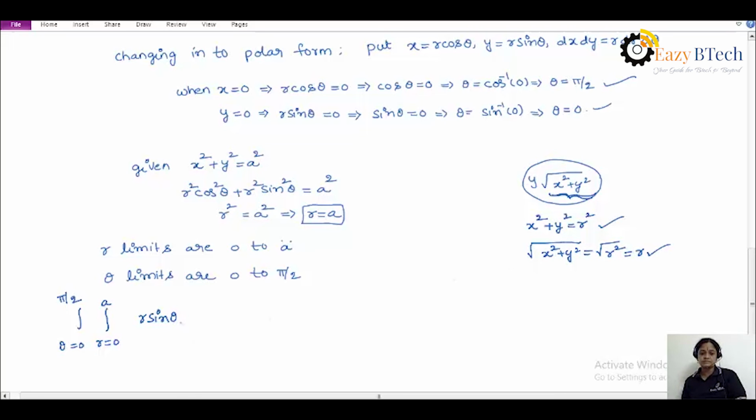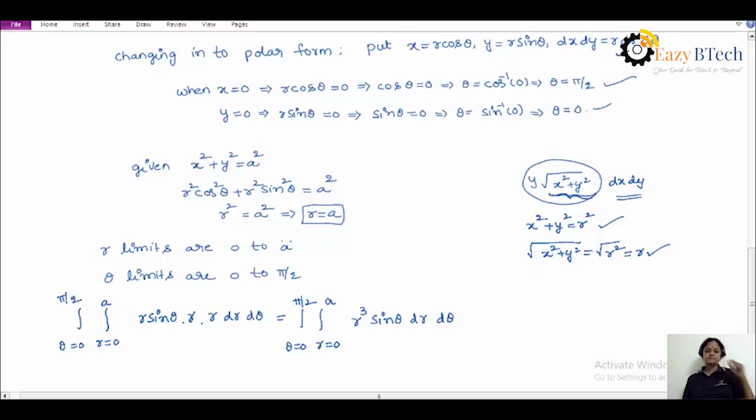Now here I am substituting that r. And again in the question dx dy is there. So we know that dx dy value is r dr d theta. So finally the term is integration theta 0 to pi by 2, r is equal to 0 to a, r cubed sin theta dr d theta.